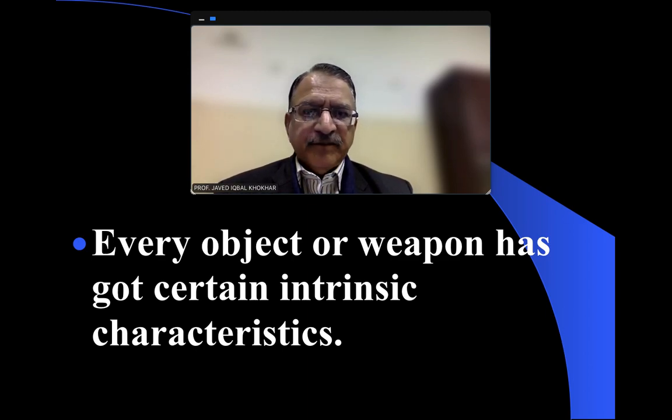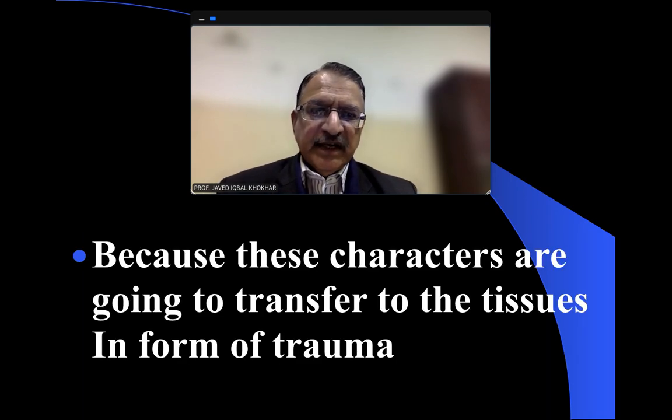every object, every weapon has certain intrinsic characteristics: smooth surface, rough surface, sharp edges, rounded. All of these are intrinsic characteristics. These characteristics are going to transfer to the tissue in the form of trauma.